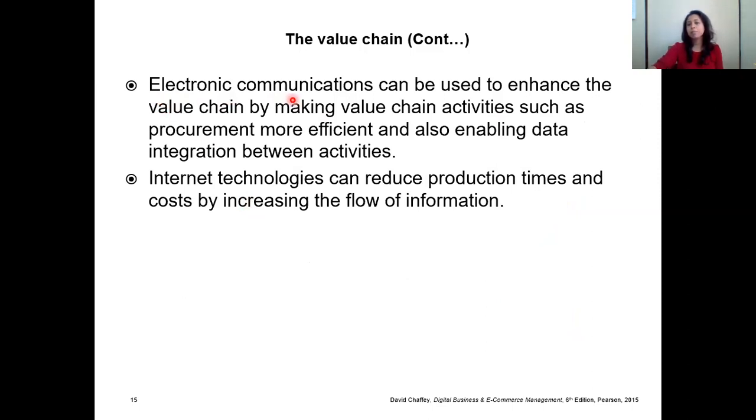Electronic communications can be used to enhance the value chain by making value chain activities such as procurement more efficient. So now how can digital technologies or electronic communications be used to enhance this value chain model? Right?